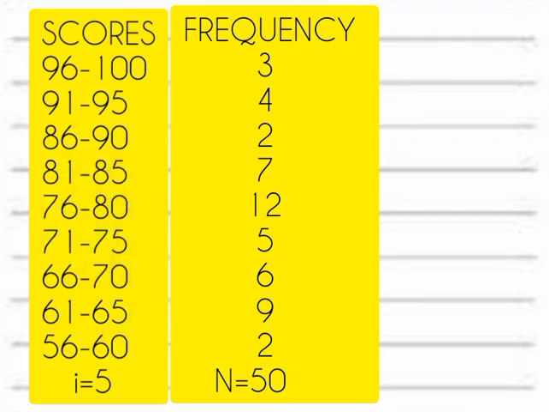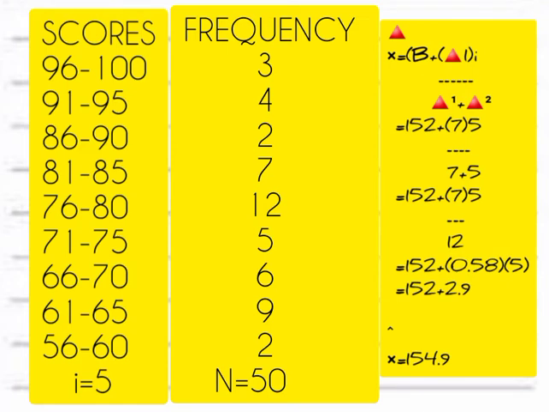Let us now apply the formula. For the lower boundary of 76 to 80, we take 76. Then we subtract 0.5 from it because it is the lower class limit. So it becomes 75.5. Plus delta 1, the frequency of our modal class is 12, and the class before it is 71 to 75, with a frequency of 5.